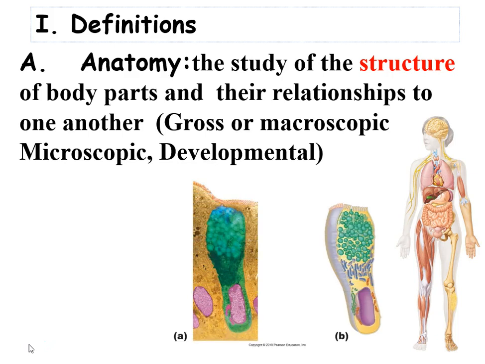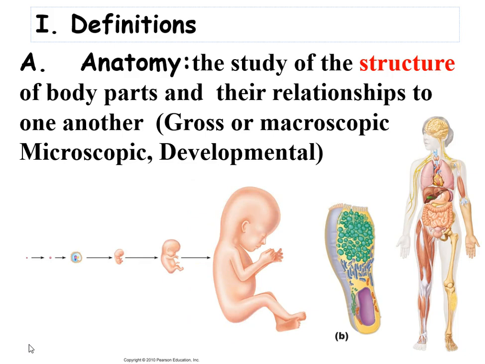Or you might study microscopic anatomy, sometimes called cytology, where you study cells, structures that you can't see without the aid of a microscope. And then maybe you're going to study the development of a zygote all the way into an embryo and then a fetus and then into a baby. So anatomy is a little more than the study of parts, but that's a pretty good definition to start with.